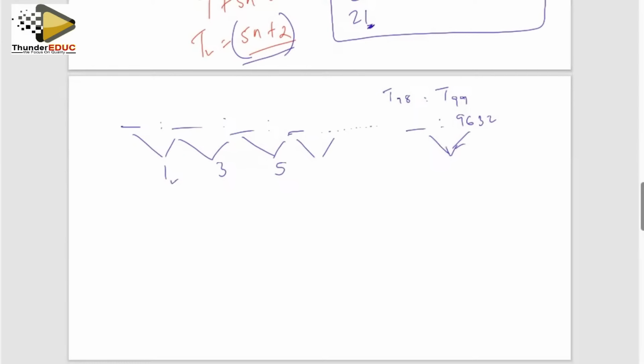We need to find the Tn of the first differences. Since it is arithmetic, it's just going to be 2n minus 1. You can use your nth term of a plus n minus 1 into d. First term is 1, n minus 1, common difference is 2. You're going to end up with the same thing.